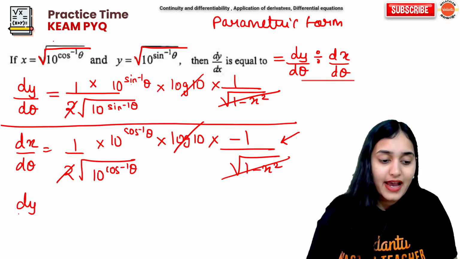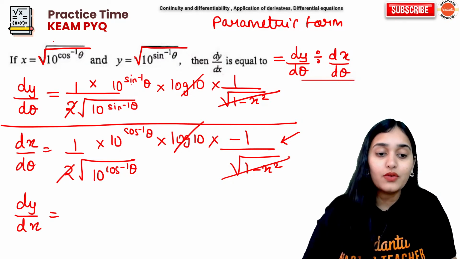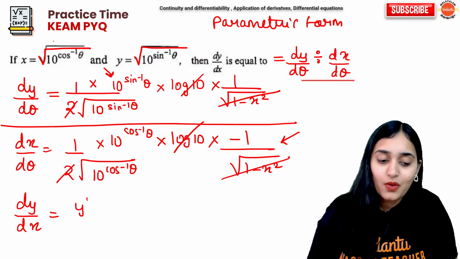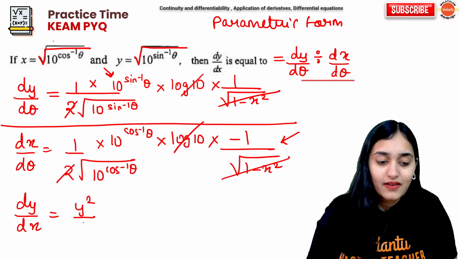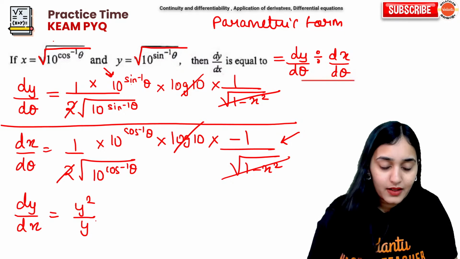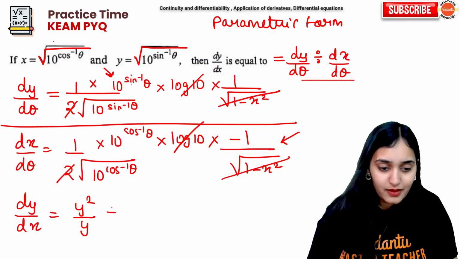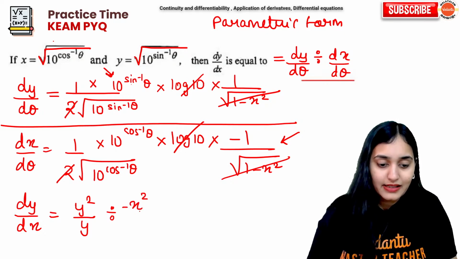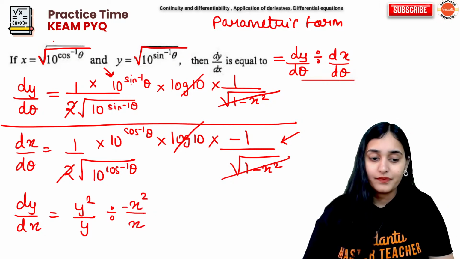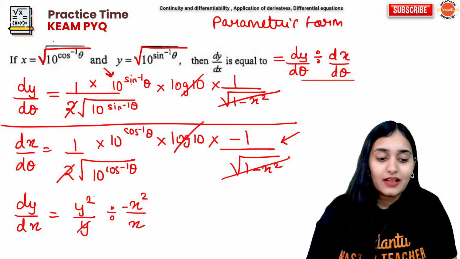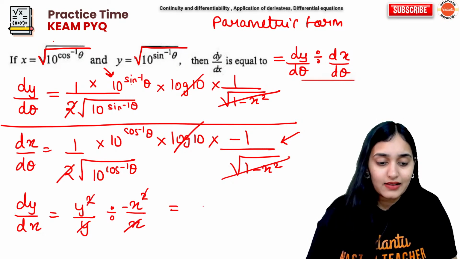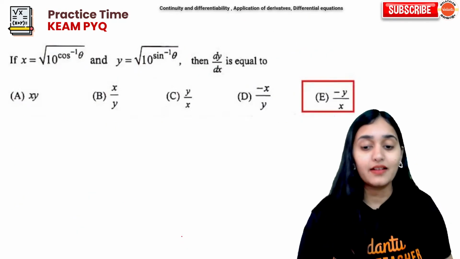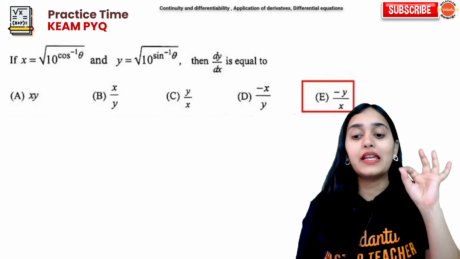We get dy by dx is equal to, 10 to the power sine inverse theta is y square, y square divided by y, divided by x square divided by x. Now just cancel. y cancels, x cancels. So you get minus y by x. This is your answer. This is a parametric form equation.